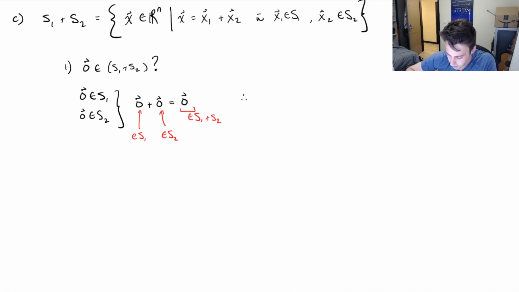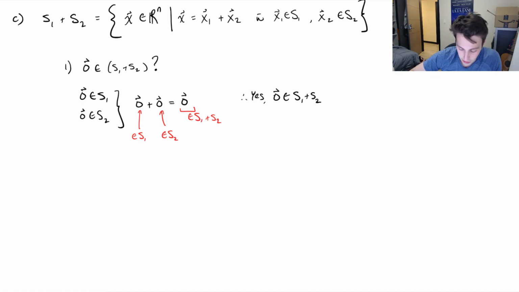It's just 0 vector plus 0 vector, something from S1 plus something from S2, and we get the 0 vector. By definition, we're adding something from S1, something from S2, and the result is something in the sum of S1 and S2. So yes, the 0 vector is in the sum.